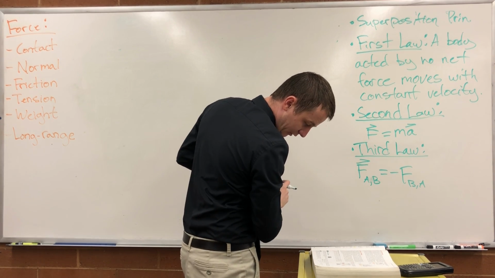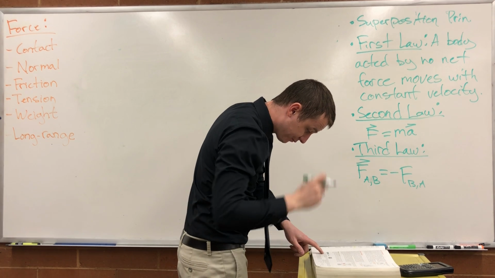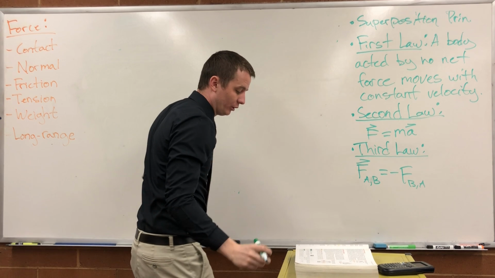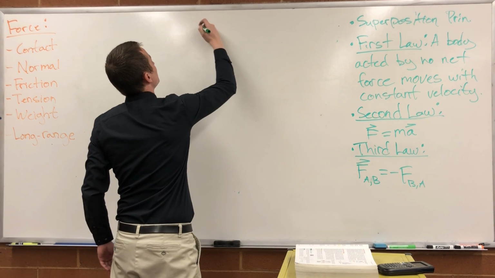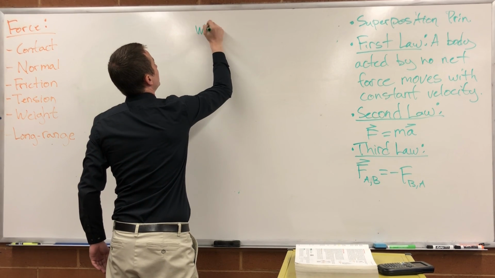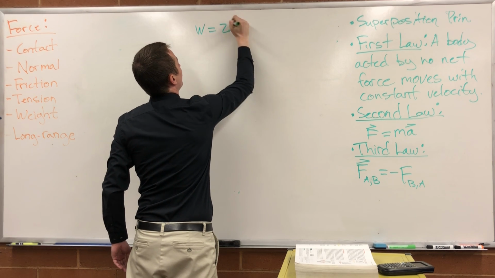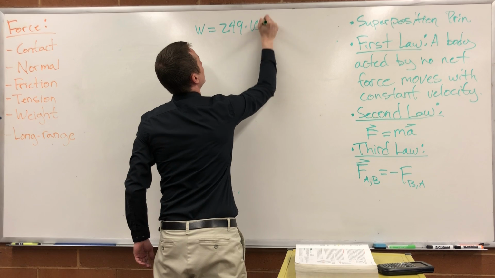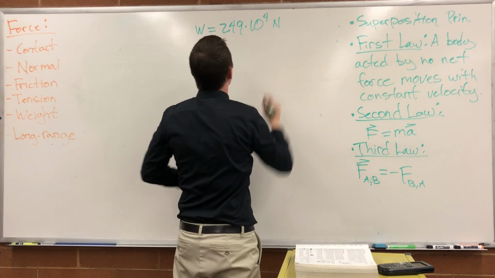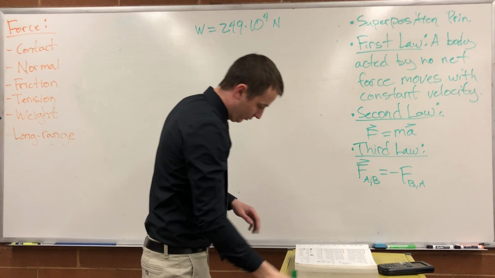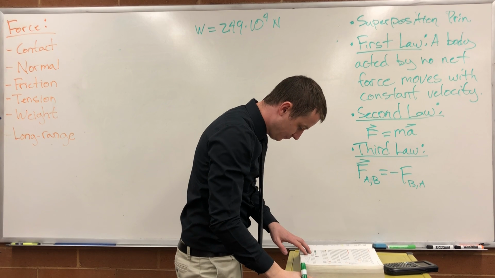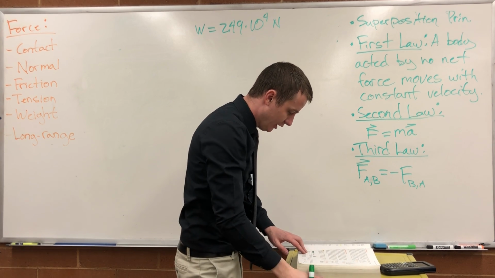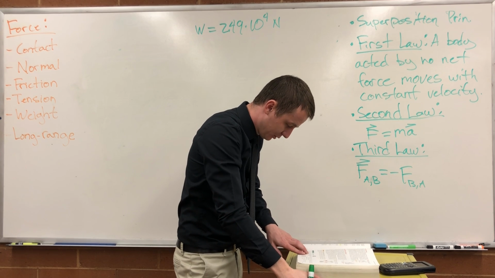Okay, so we have some car that weighs 2.49 times 10 to the 4 newtons. So we know that weight is equal to 2.49 times 10 to the 4 newtons. So some car with that weight is traveling in the positive x direction, and it makes an emergency stop.